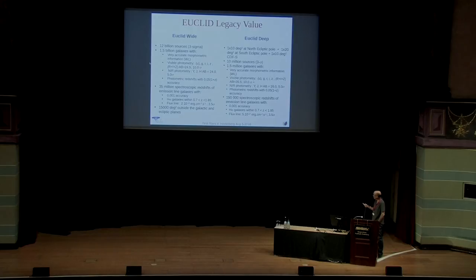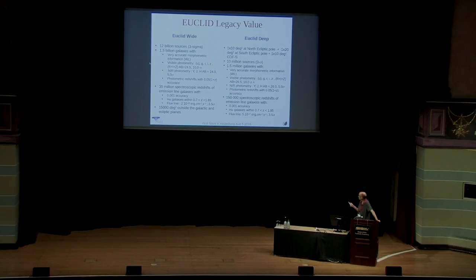So again, the wide survey will generate more than 10 billion sources. 1.5 billion sources will have accurate morphometric information, shape, and photometric redshift. 35 million objects will have accurate spectroscopic redshifts with emission lines, and all over 15,000 square degrees.